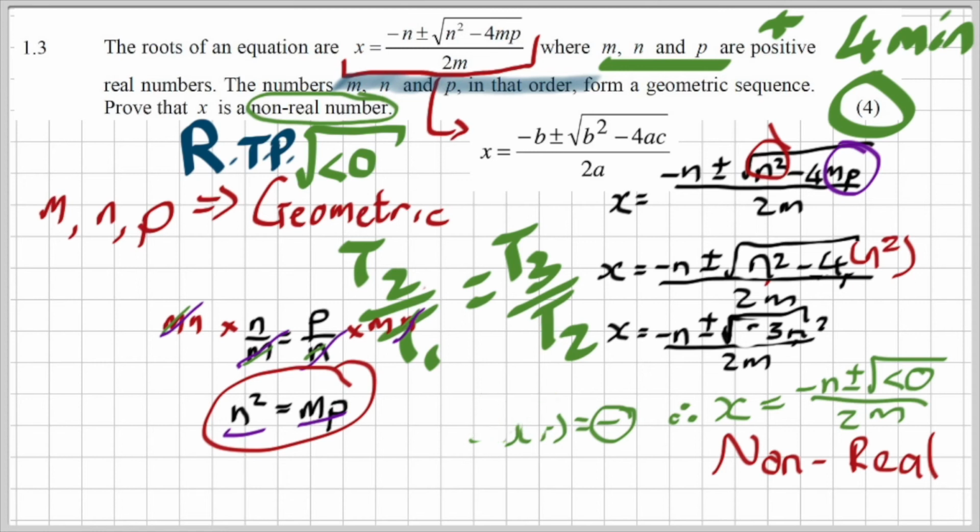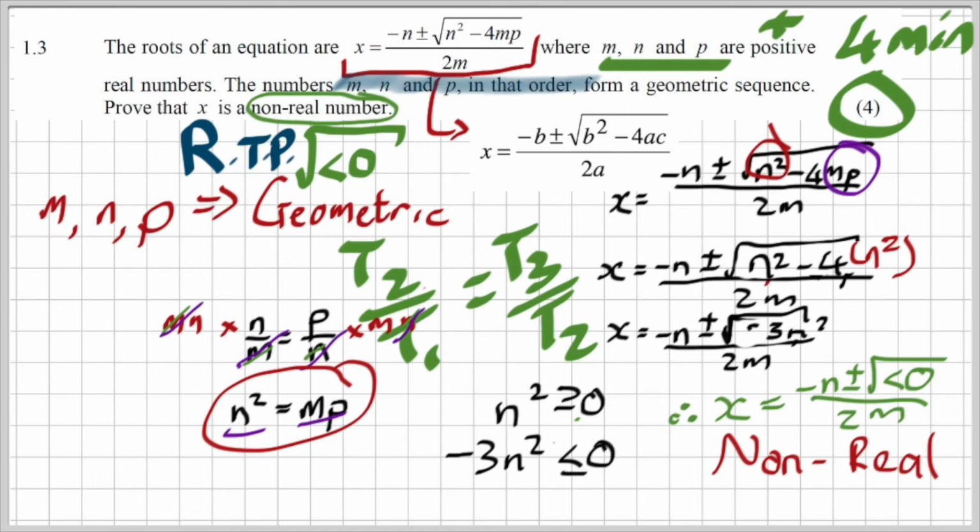Oh, I like this. I like the look of this. Because if I look at N squared, that answer is always greater or equal to 0. Why? Because N is a positive, real number. Now, if I multiply this positive by a negative, well, that answer is smaller or equal to 0.